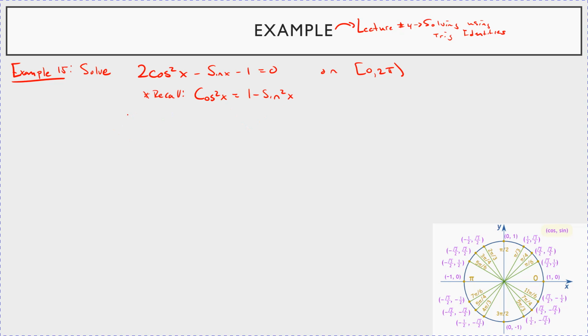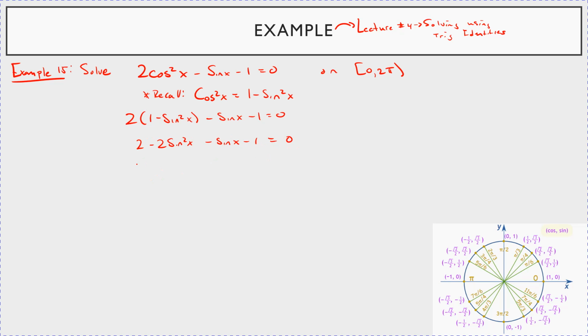So now watch what I'm going to do. I'm going to plug this in and see what happens. So 2 minus 2 sine squared x minus sine of x minus 1 is equal to 0.